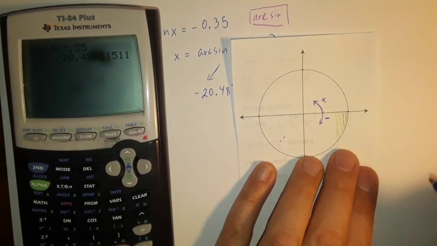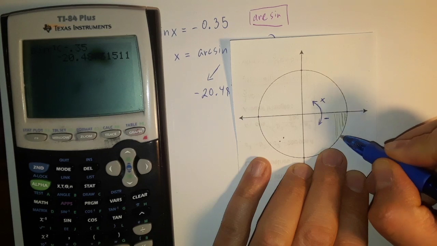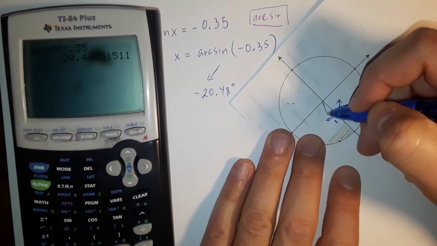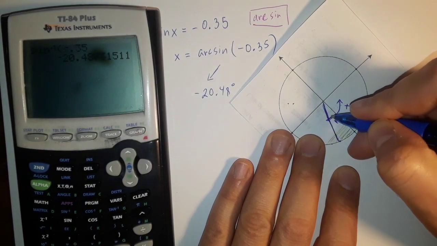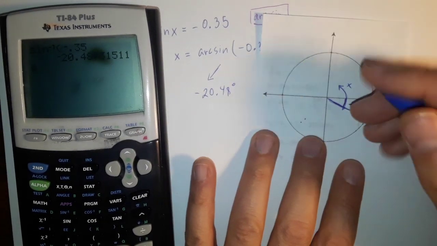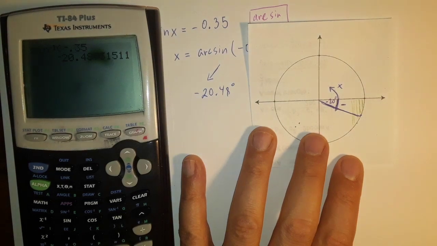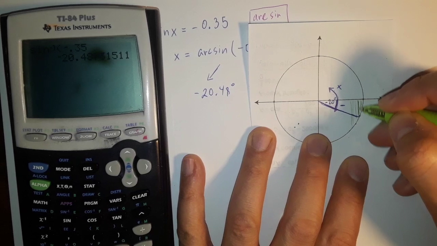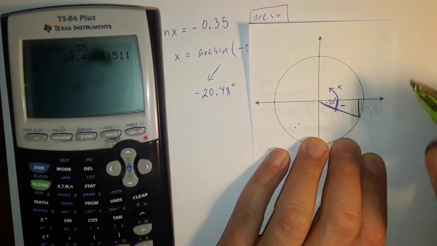This is 45, so this would be 30, and negative 20 would be around here. If we make the line, this angle here would be negative 20 degrees. How much is the sine of negative 20? More or less, as we said, it's 0.35. That means this line here is 0.35.